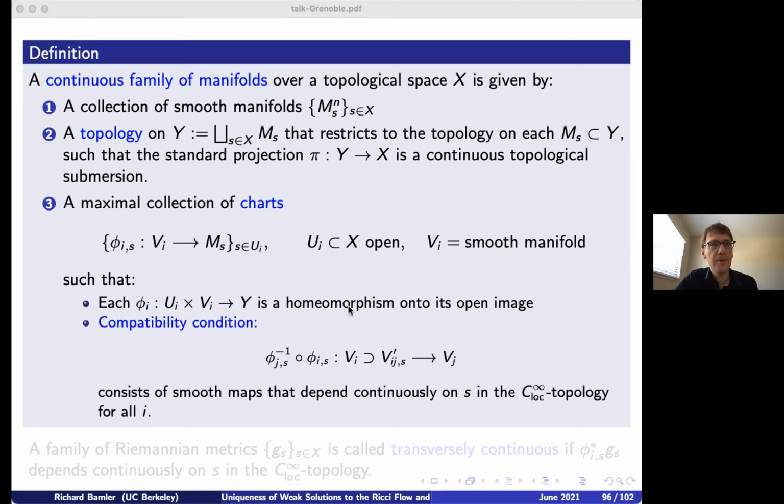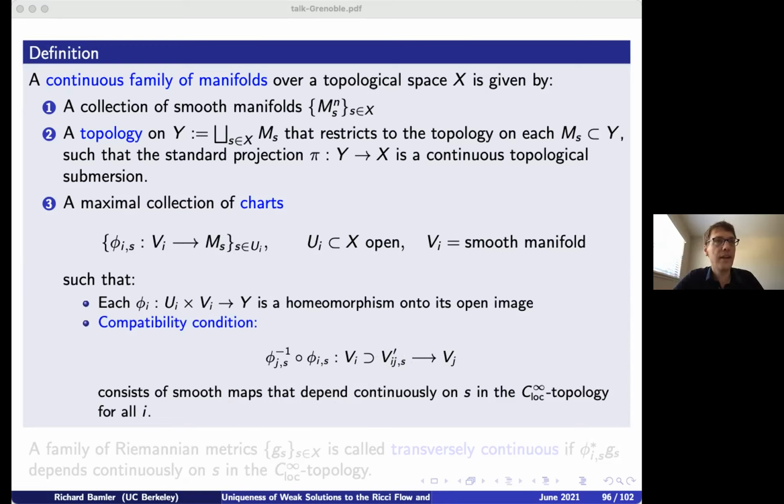And I want the compatibility condition such that if I look at two such charts and I map from V_i into V_j for every S, this may not be defined everywhere, so let me just take the open subsets where this is defined. Then this consists of smooth maps from V_i to V_j that depend continuously on S in the local C infinity topology. So this is a little weaker than saying that we have a smooth submersion.